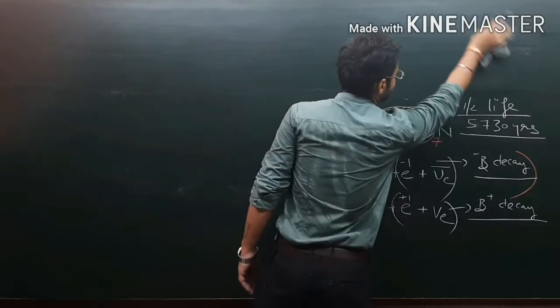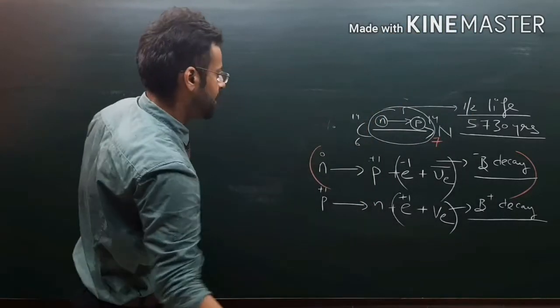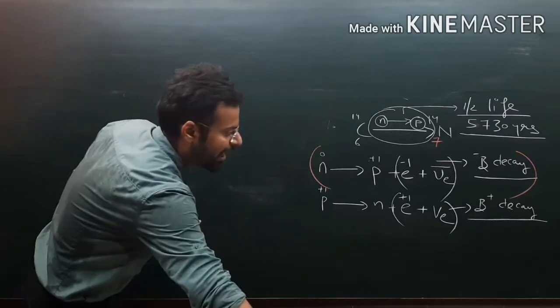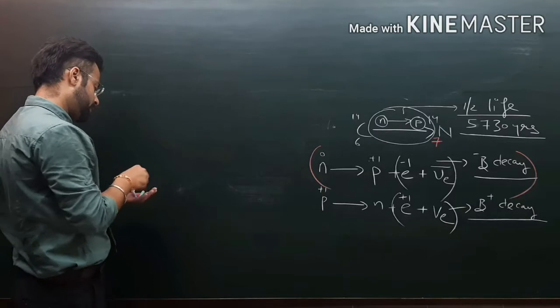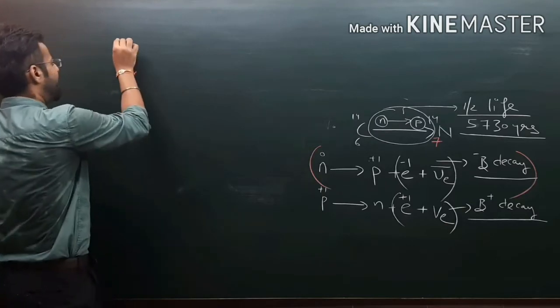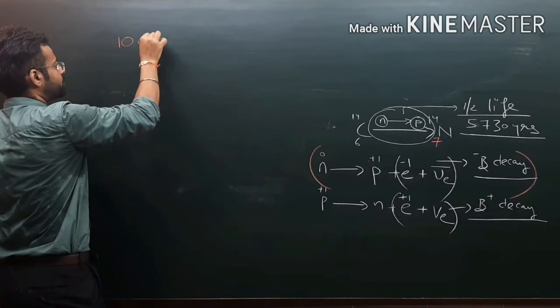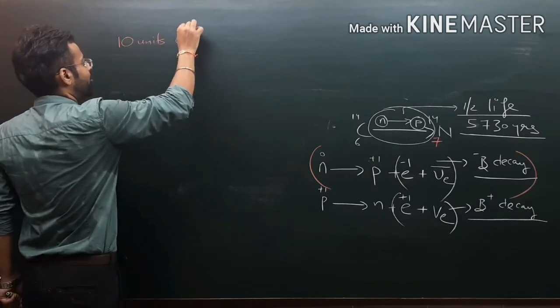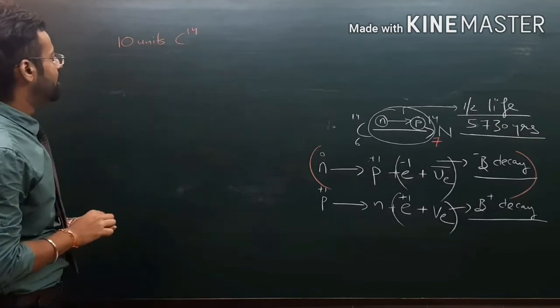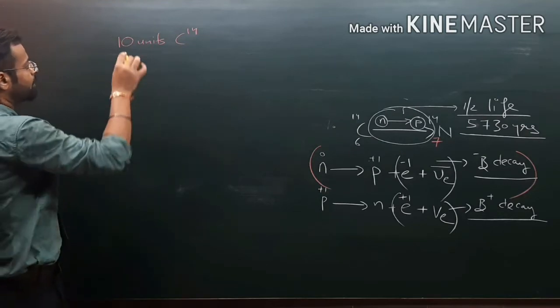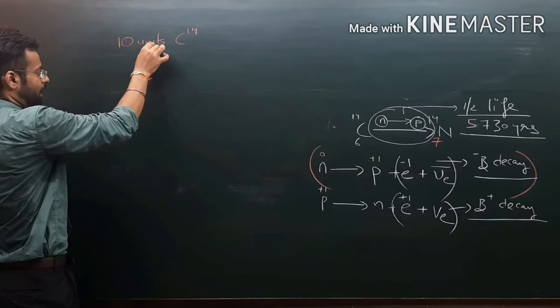Now I'll explain that. Pay attention, let's see on the board. Let's say we had 10 units of carbon 14. From these 10 units I'm making two parts.